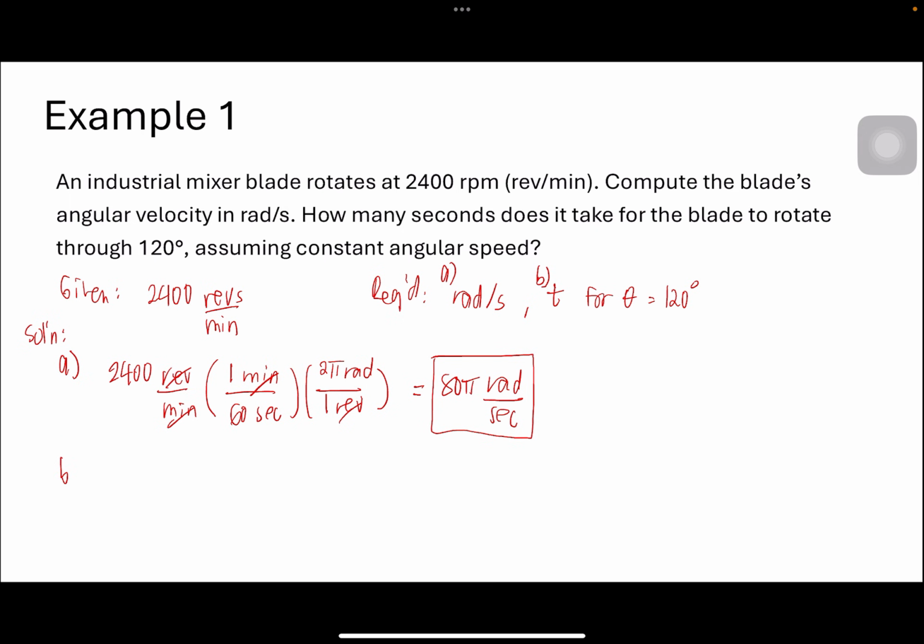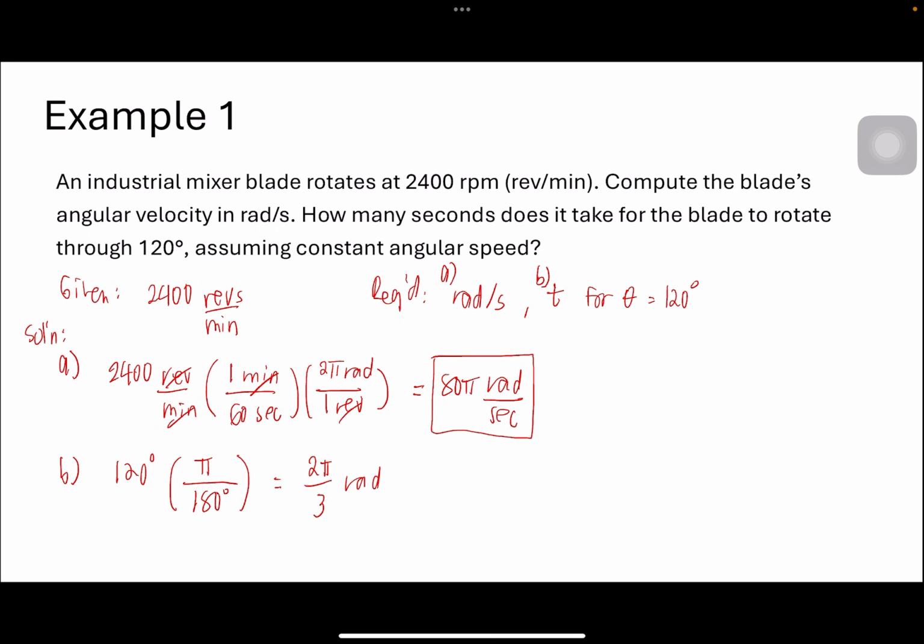So you first turn 120 degrees into radians by multiplying by pi over 180 degrees, because 2 pi is 360 degrees. So from degrees to radians, we'll use this conversion factor. So this will then be 2 pi over 3 radians.